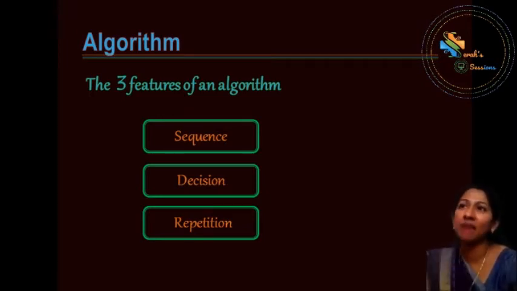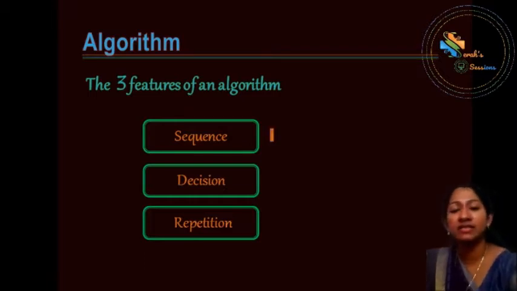It usually happens when you are about to park a vehicle in front of a crowded mall or a shopping mall, etc. Okay, so this is the example that I can put forward wherein sequence, decision and repetition come in our daily life.